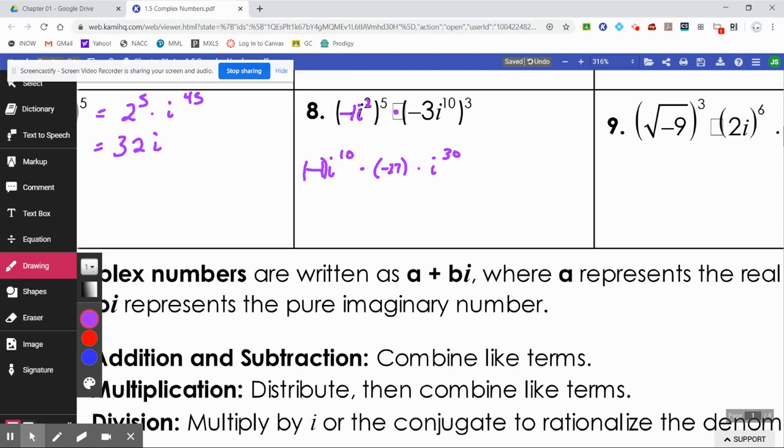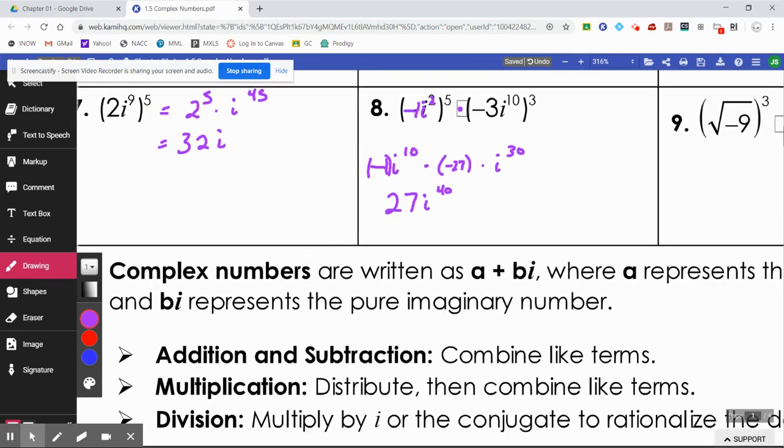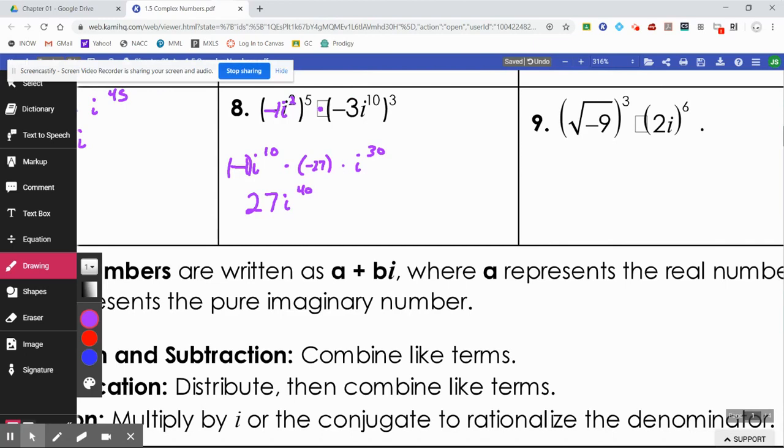So we can actually combine our -1 and -27 gives us a +27. i to the 10th and i to the 30th is i to the 40th. All the multiples of 4 in our list, i, -1, -i, +1, this is all the multiples of 4, so i to the 40th would fall there. So this is simply 27 times 1, which is 27.